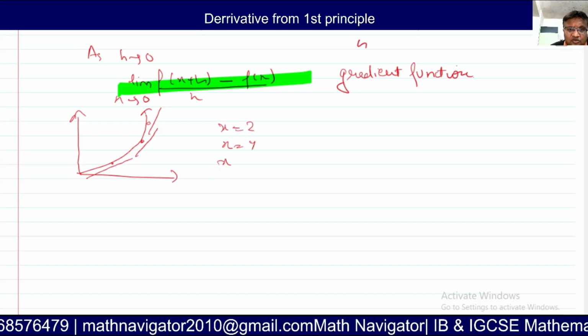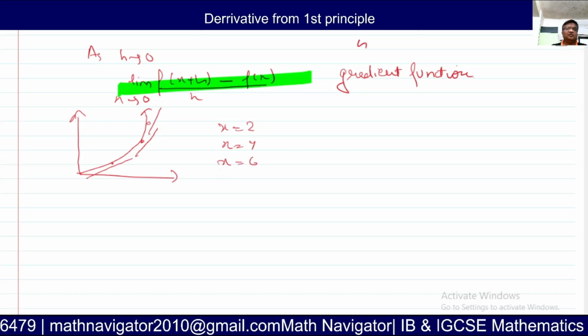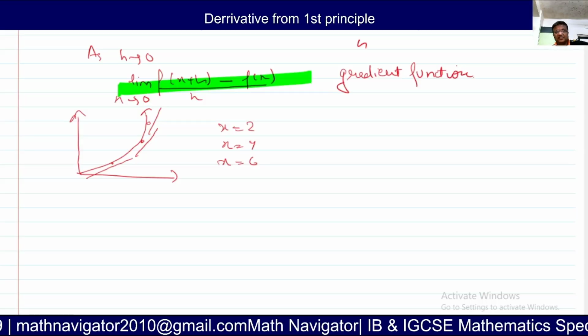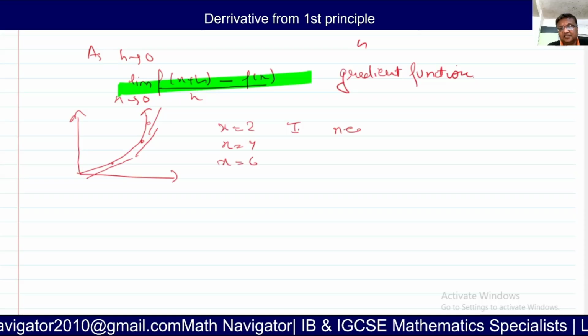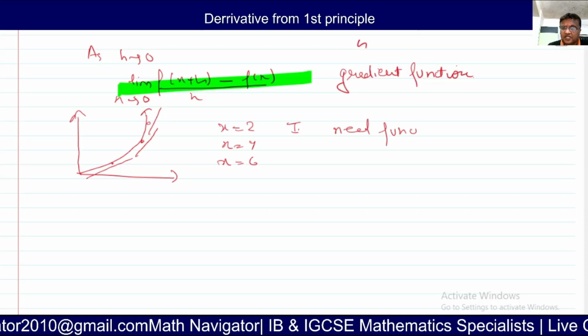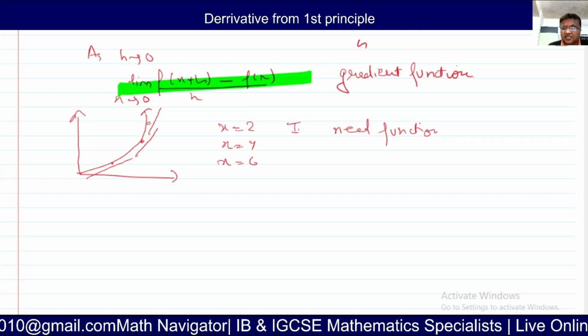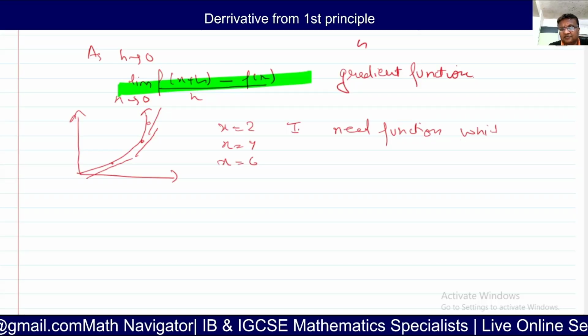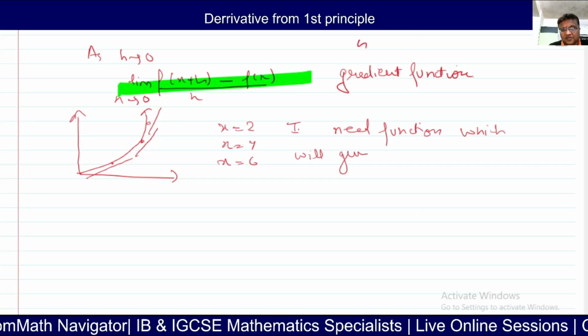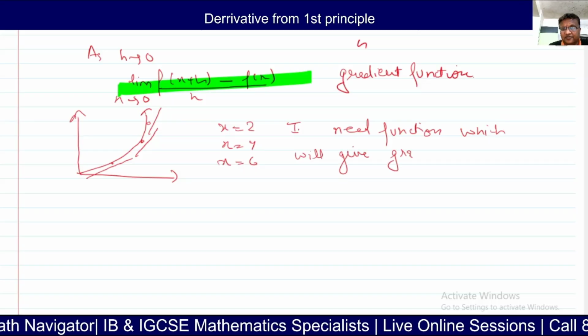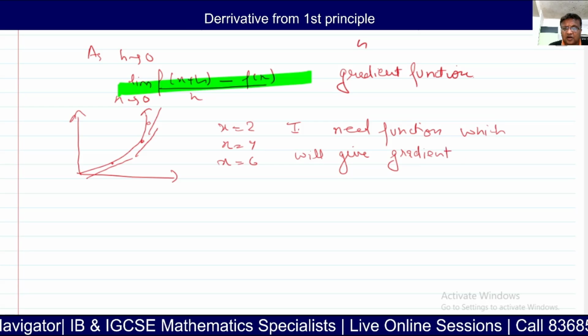And at x equal to 6, my gradient will be something. So basically I need a function which will give me the gradient. Perfect. So how do I find that?